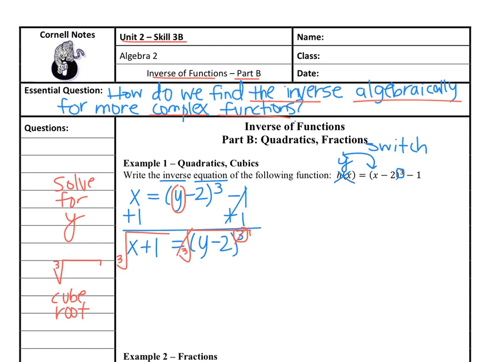So you're left with, on the left side, the cube root of x plus 1 equals, you can drop the parentheses too and just rewrite what's underneath that cube root symbol, y minus 2. So now our last step to get y by itself is just add that 2 back to the other side.